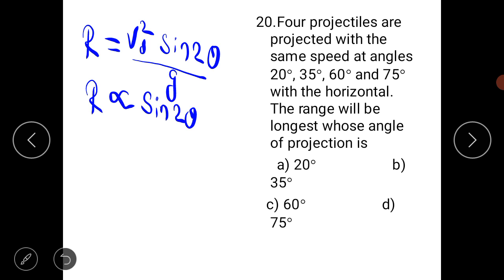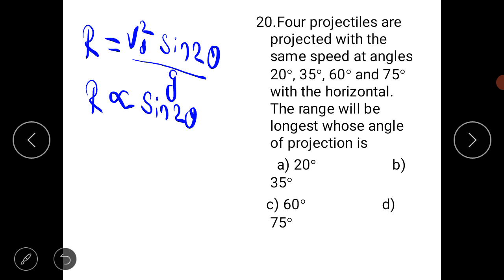So let us check these angles. 20 degree means 2 into 20 is 40, so sin 40. Second one is 35, means sin 70. Sin 70 is more than sin 40. Next 60, 2 into 60 is 120.